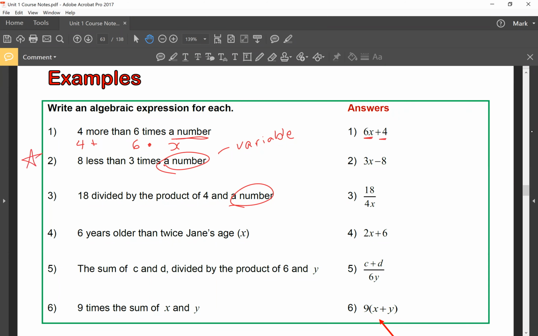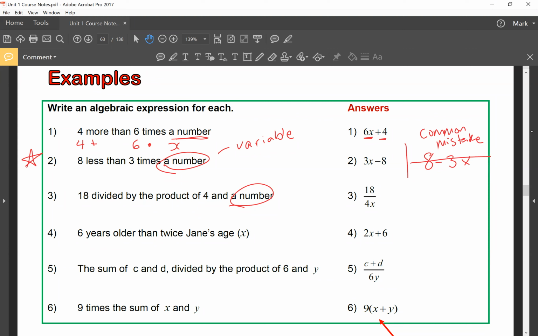You have to be very, very careful with number 2. 8 less than 3 times a number. Students, a common mistake for number 2 is that students say, okay, 8 minus 3x. That's what a lot of students are tempted to do. That is incorrect.